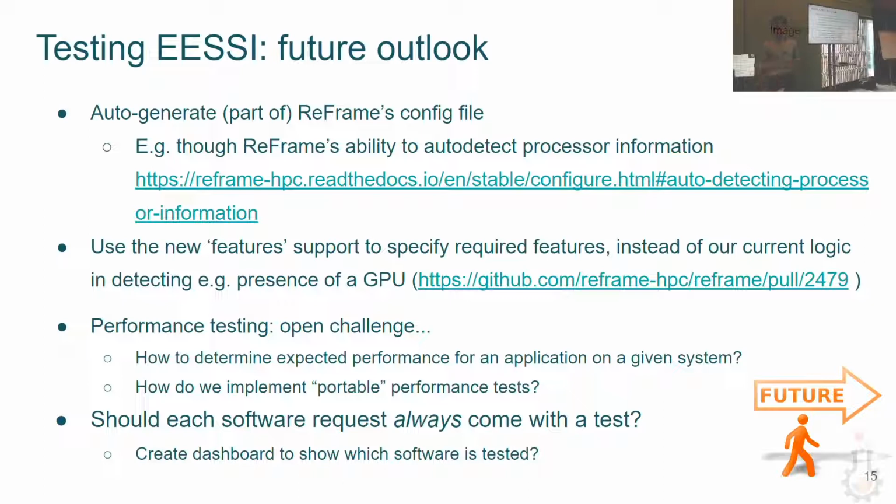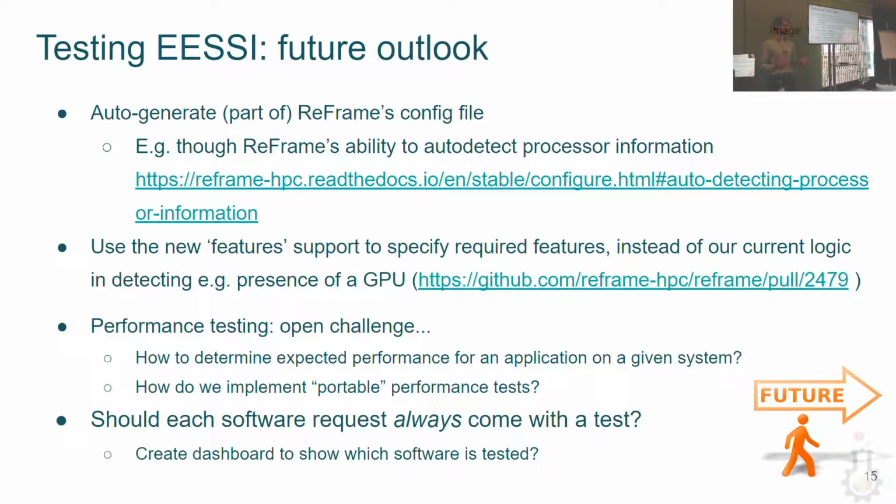And then one of the more policy-based questions is, should software always come with a test? So once we're getting to this point where we're accepting community contributions, do we always roll out software even if it doesn't have a test? Do we require the community to write a test before we deploy it in the EESSI environment? How are we going to handle that? Probably if we require a test before we roll anything out, it's going to be a long cycle, right?